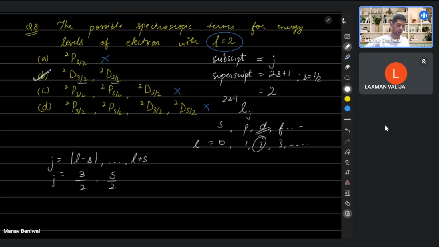So in the standard notation, because L is 2 we will have D here, because spin is half this will be 2, and J can be 3 by 2 or 5 by 2. So this is our answer.